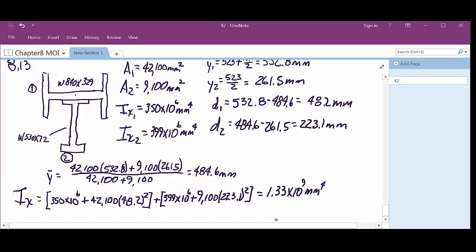Does that help? Where were you going wrong on it? I had IX, when I did my IX equation, my D1 was wrong. I had 474.75 for my D1. Yeah, and think about that. That's bigger than the whole system is, isn't it?